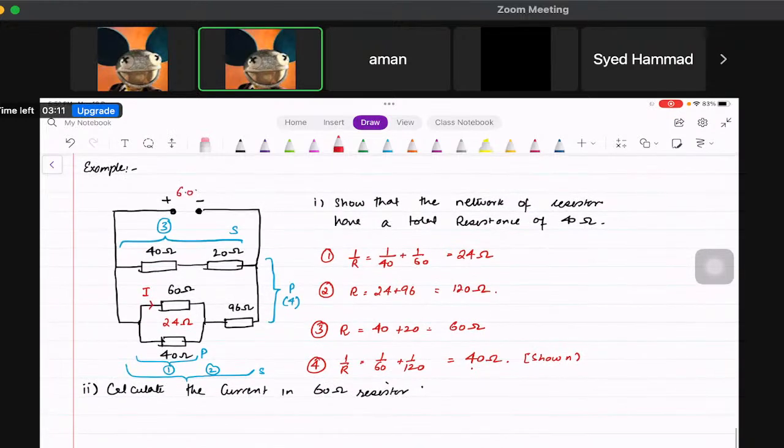I should understand that this network where 60 is, this whole branch gets 6.0 volts. That's why I wrote the potential difference or voltage given branch wise. Now I want to find the current here. There are a couple of ways that I can do it.